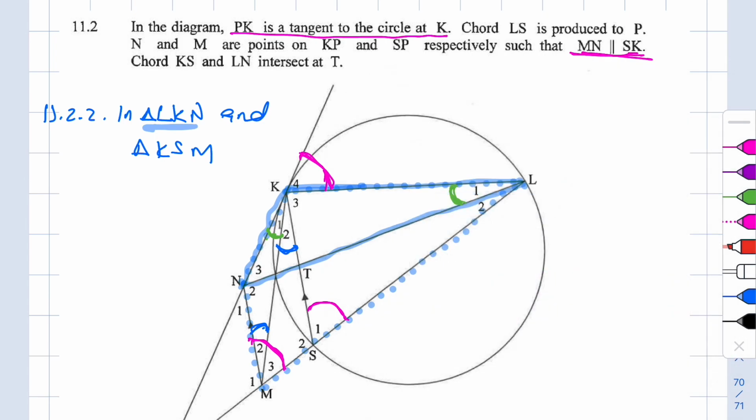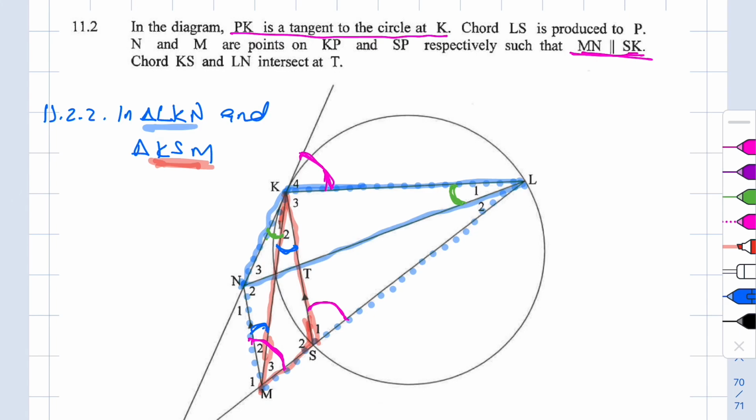This is going to be triangle KSM, the one that I'm going to do in red. So that is KSM. So that's the red. To prove that, we're going to prove 3 angles that are going to be equal in each triangle. Okay.